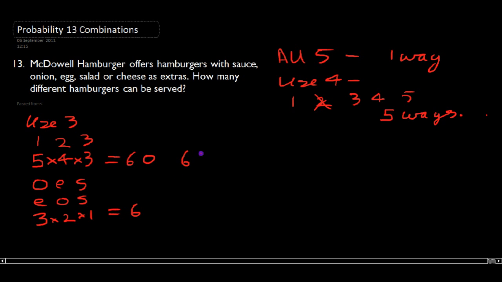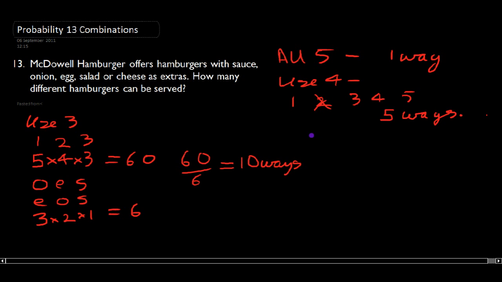So the number of ways we can use 3 is 60 divided by 6. We have to divide that out to see how many unique combinations we have, and that will give us 10 ways.